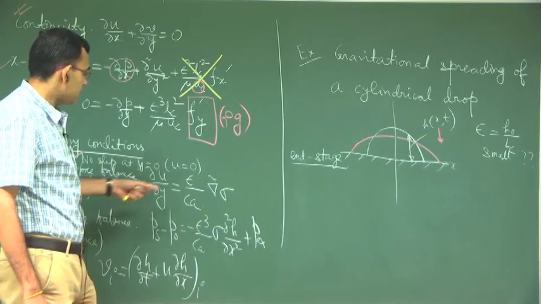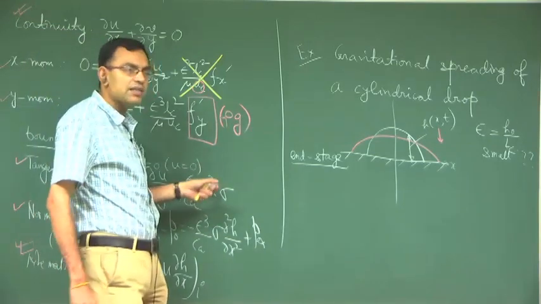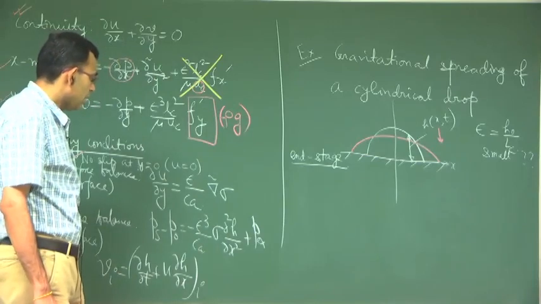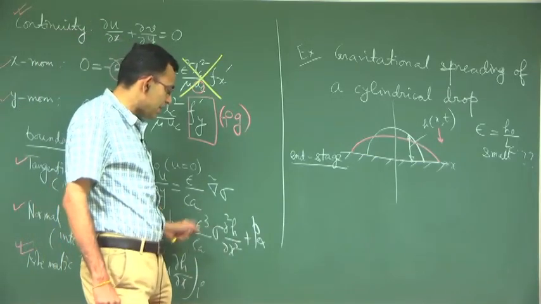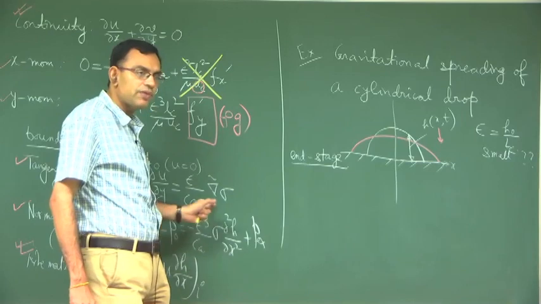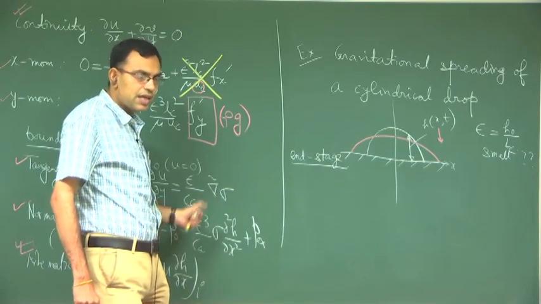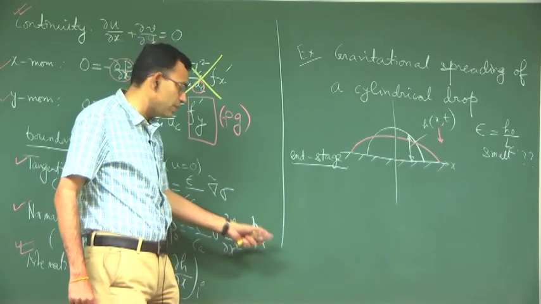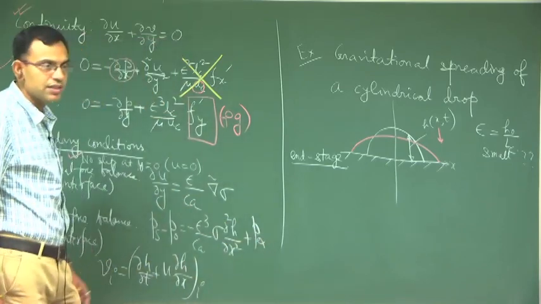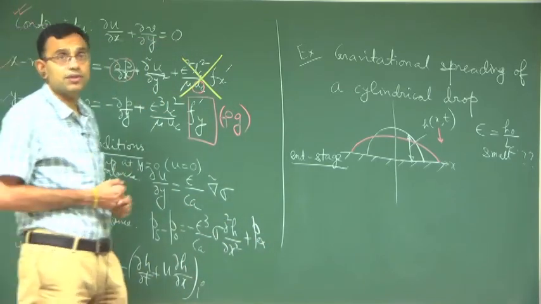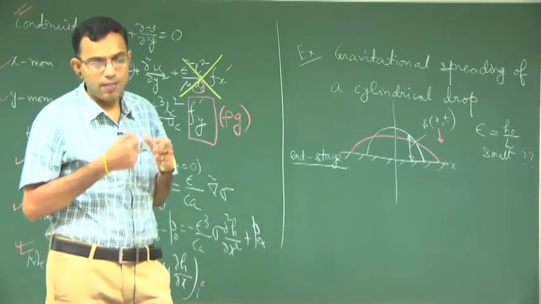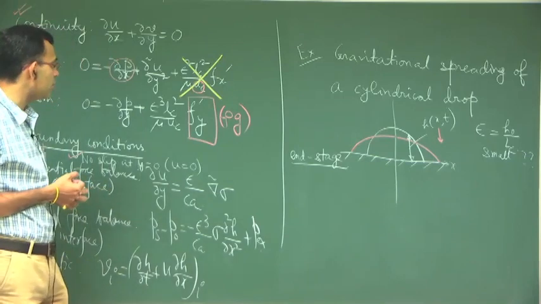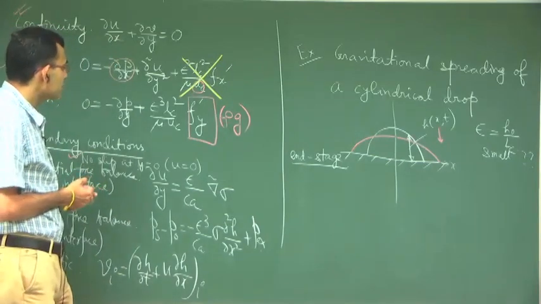If the surface tension tangential gradient is important, that will define the velocity scale. If the Laplace pressure is important, then the coefficient of the curvature term will decide the velocity scale. If the disjoining pressure is important, then this will define the velocity scale. In this case, what is important? The y momentum equation is important.